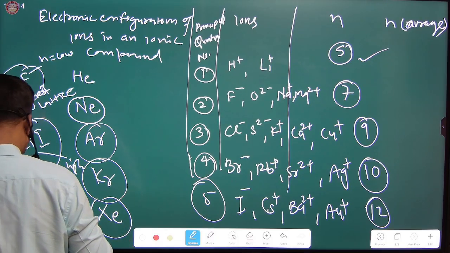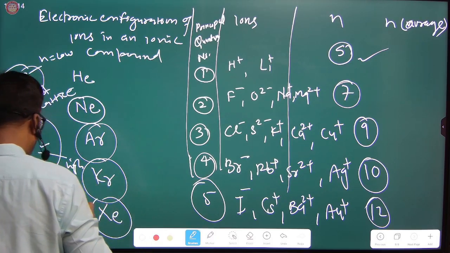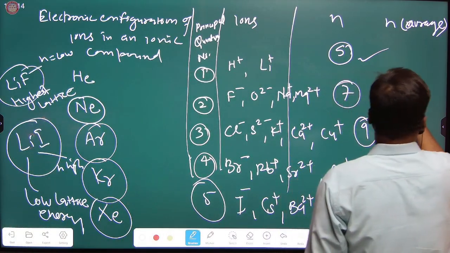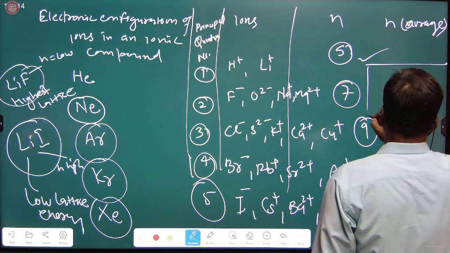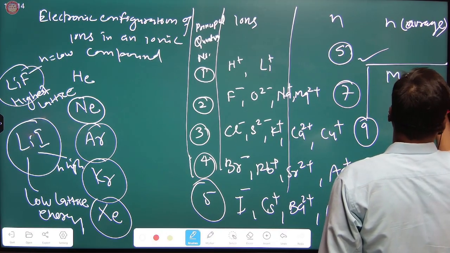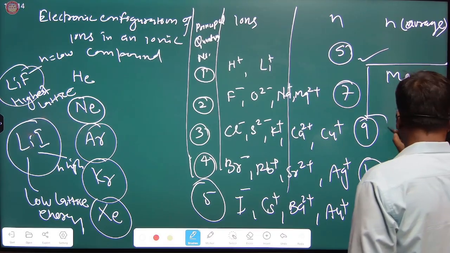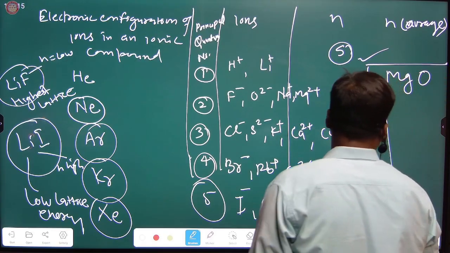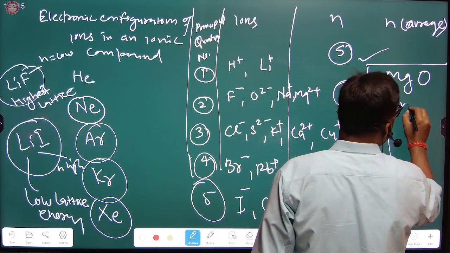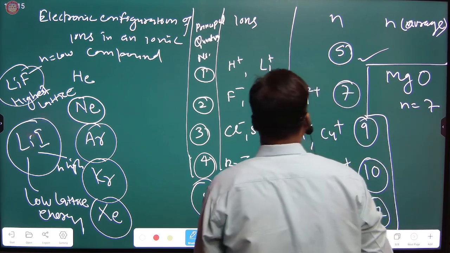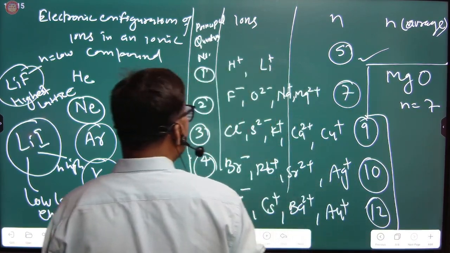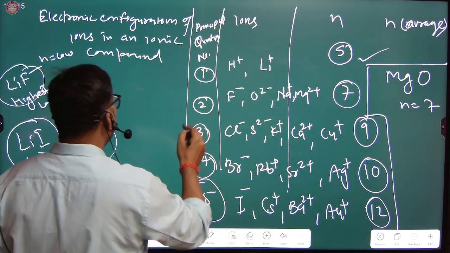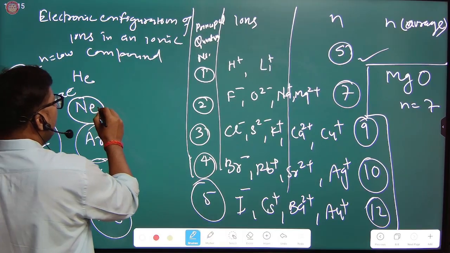Suppose we have an example, MgO, magnesium oxide. For MgO, n is equal to 7, because it has an electronic configuration like neon.